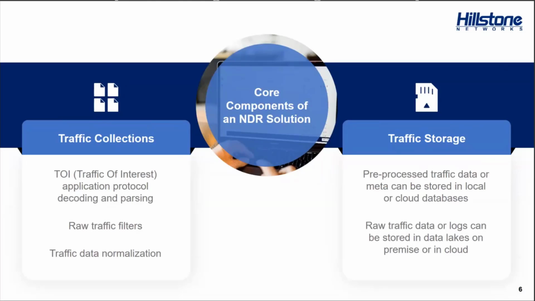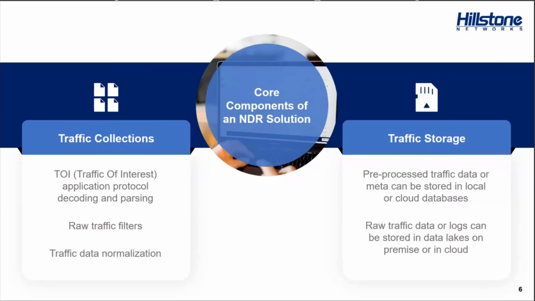So that's called the traffic of interest. It has to be able to decode application protocols on this traffic. And after that, it will do some pre-processing and normalize the data to make the data schema more normalized. So this is the traffic collection and pre-processing capability.